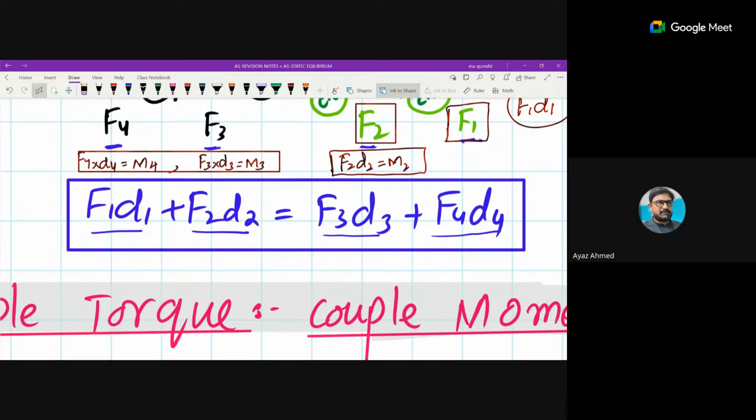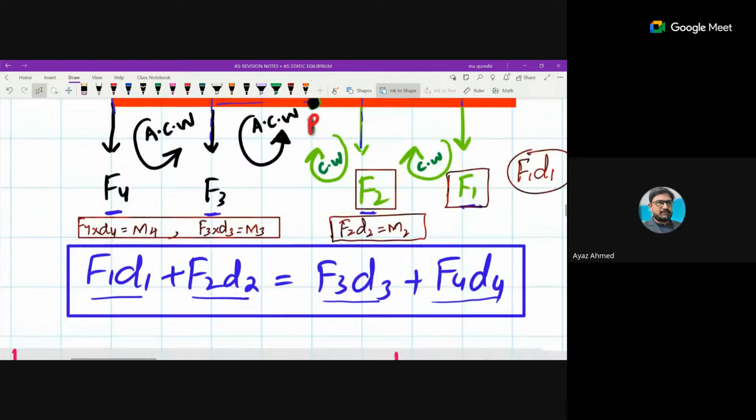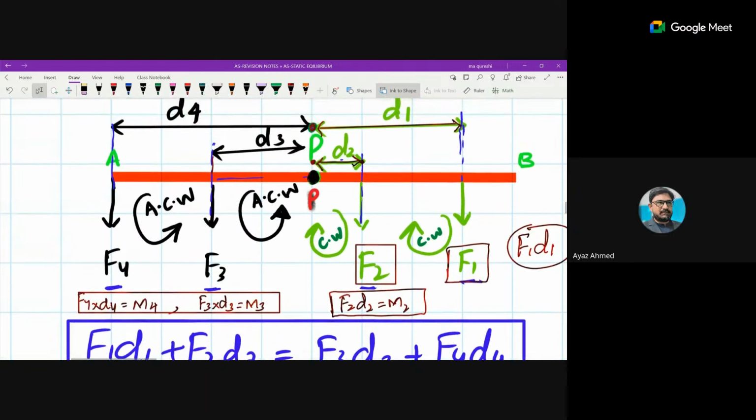So that will give you a situation here that if I have the sum of clockwise moments and the sum of anti-clockwise moments, they must be put in the equation that F1 D1 plus F2 D2 must be equal to F3 D3 plus F4 D4, isn't it? Do you see that?